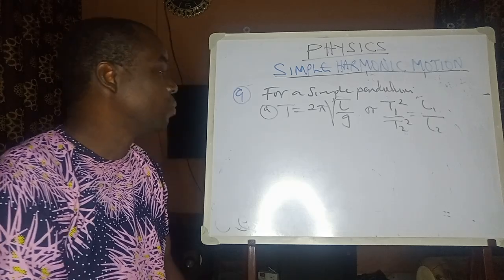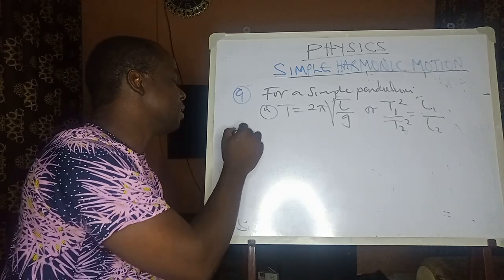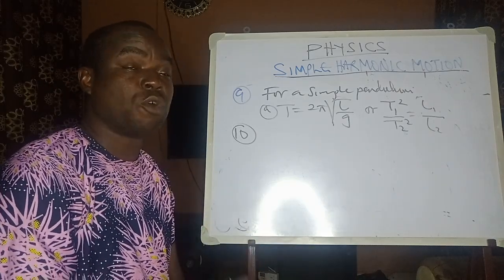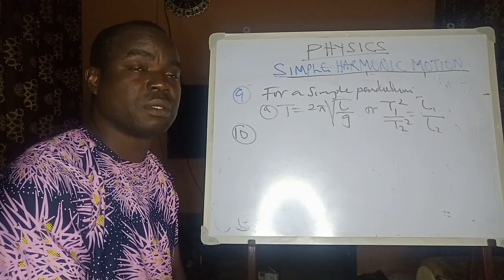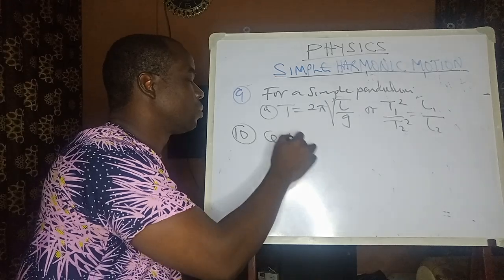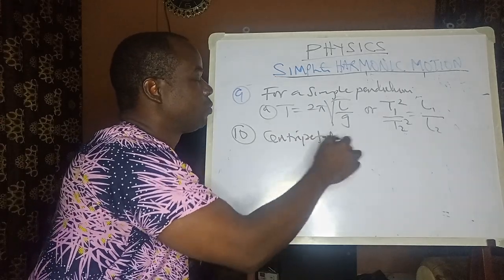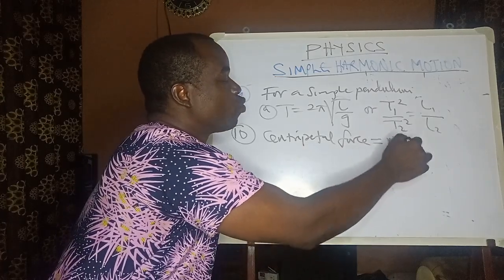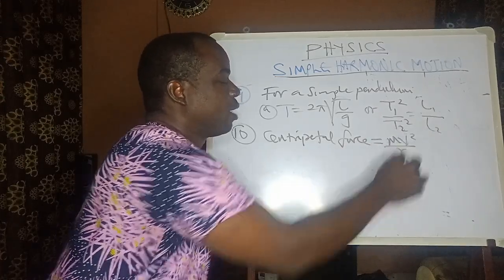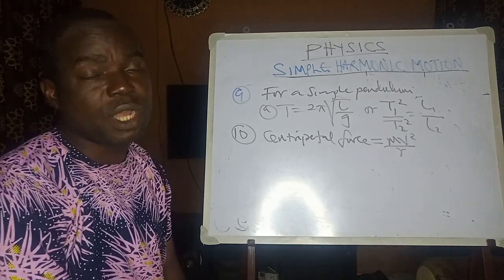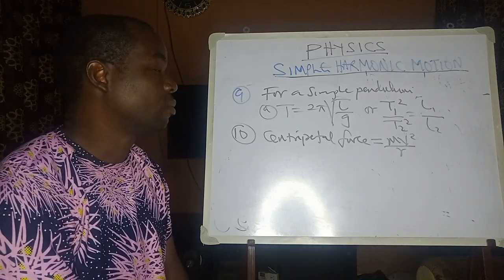Okay. Now, number 10. Let's talk about formula for centripetal force. I'll be discussing the theories in the next video. So centripetal force is equal to mv squared over r. Centripetal force is equal to mv squared over r.